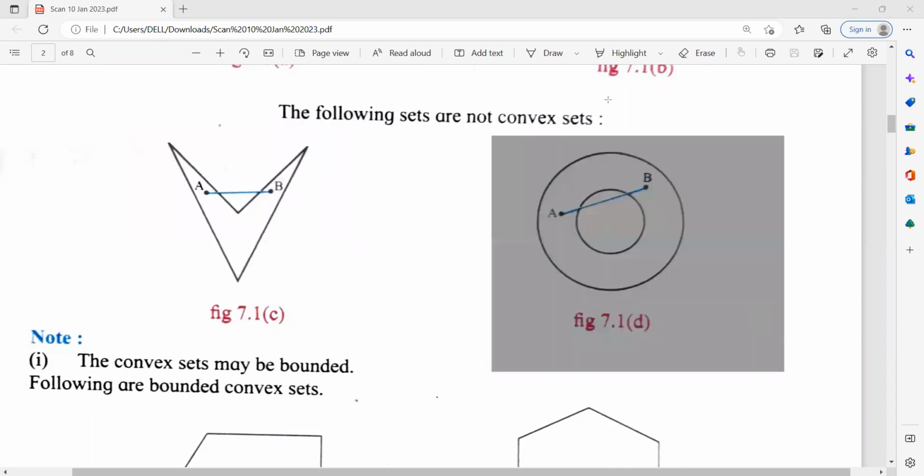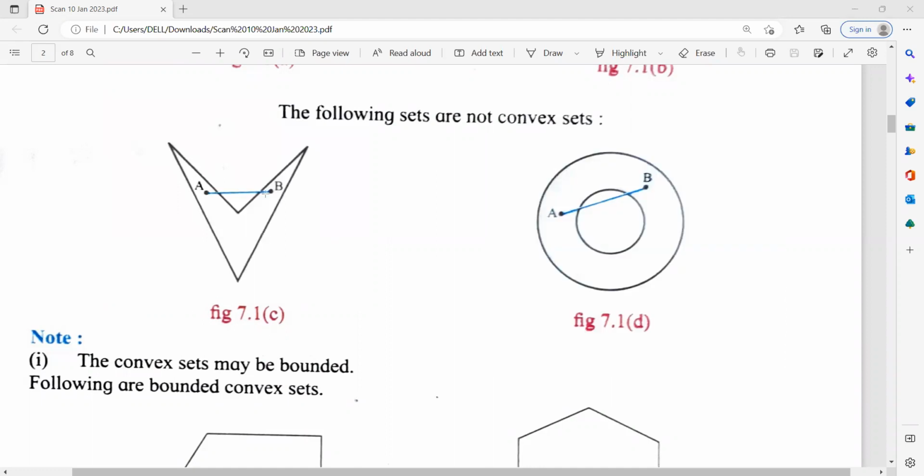You know why? Look at this set. This is a closed polygon, and this set of points which I'm shading is not a convex set.